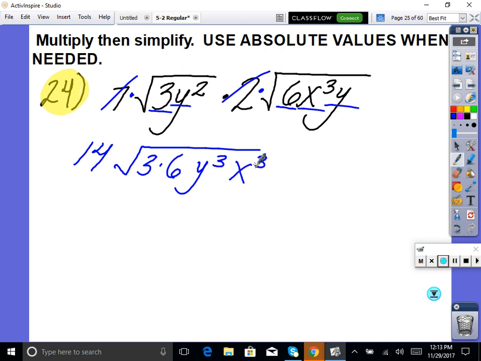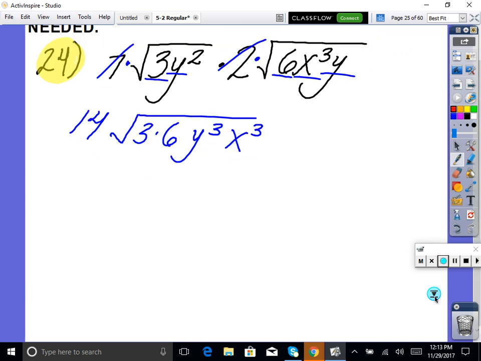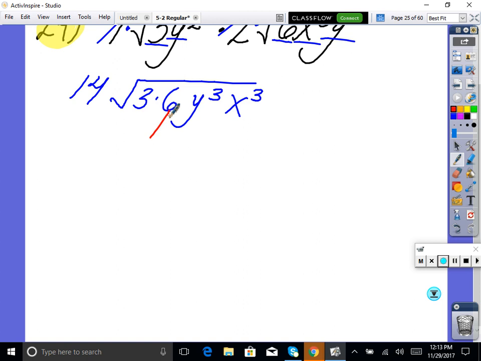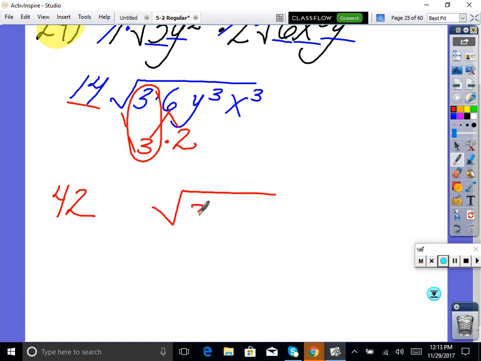Now, looking at this, we'll continue to simplify. So 6 breaks down into 3 times 2. And since it's a square root, we're pulling out groups of 2, correct? Okay, so 14 times 3, 42. Okay, and then look, under our square root is a 2 left so far.